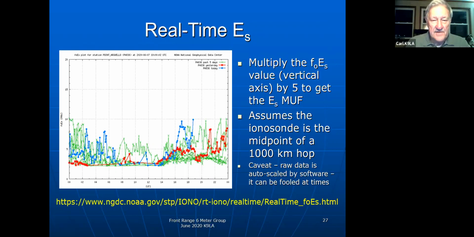At 1700, it looks like the sporadic E critical frequency was just under 10 megahertz. Multiply that by 5, and there's probably some sporadic E going on. You can see there's other sporadic E going on also, and you'd expect to see that. It's a slightly different URL, with foEs instead of foF2, but if you want to look at that stuff, you can do that.